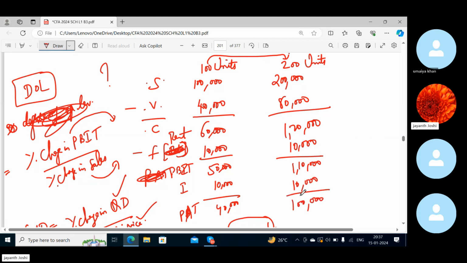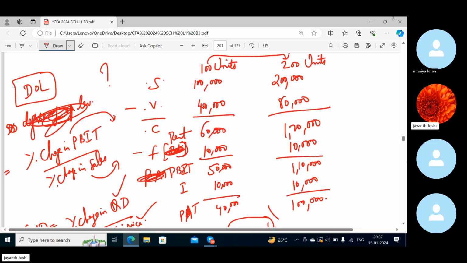Now what you are observing is that as the activity level has doubled, our contribution has also doubled. Our fixed cost is the same because it is not going to change. And you see our profit after tax is very high right now, because of this particular element called fixed cost.